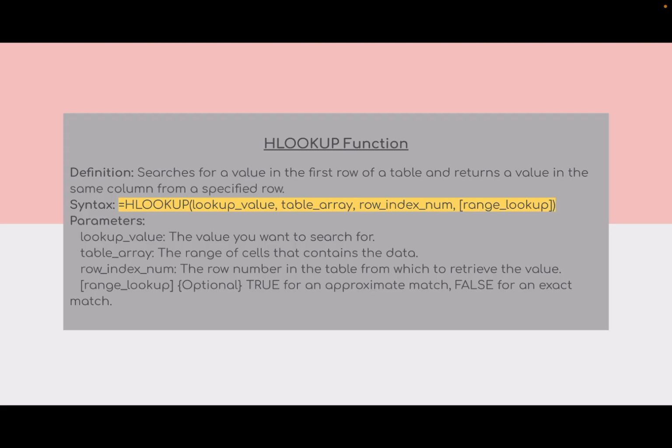So let's see the syntax first. It's equal to HLOOKUP, lookup value, table array, and then row index number, which is which row number from the table we want to retrieve the value, and then the range lookup, which is the optional value.